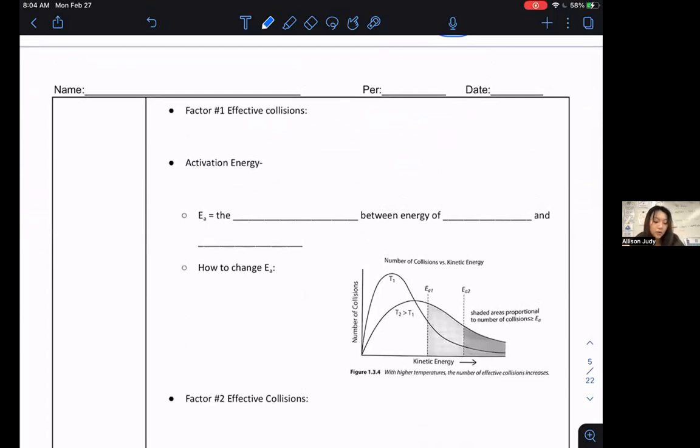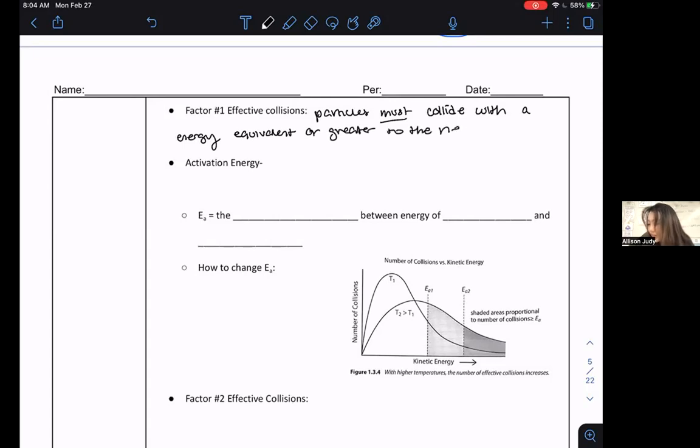One of the main ones is that in order to have effective collisions, you must have particles collide with an energy amount, particularly a kinetic energy, equivalent or greater to the necessary activation energy.